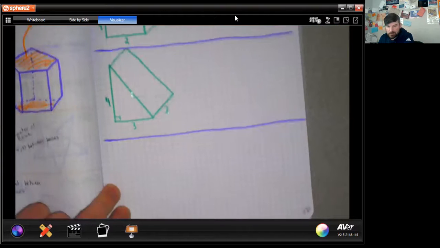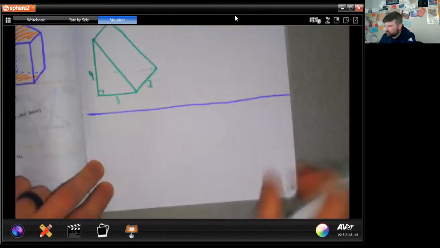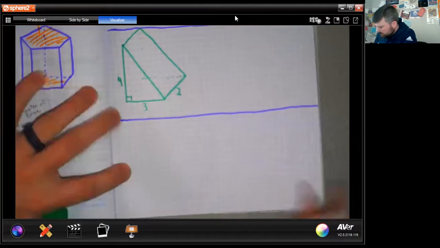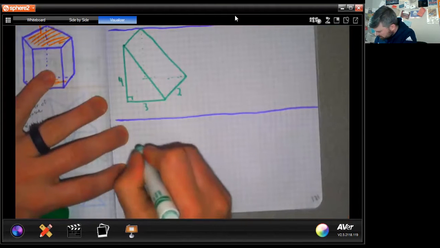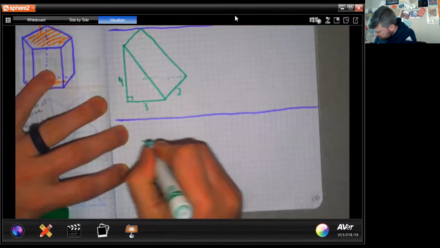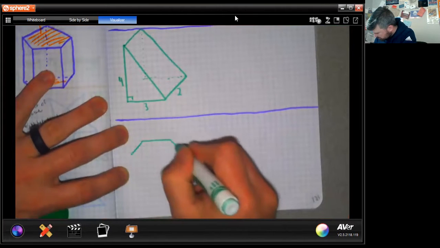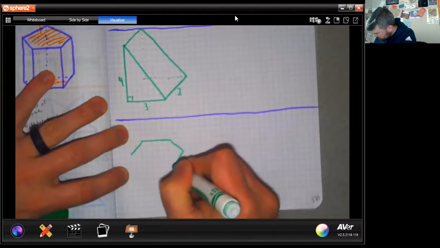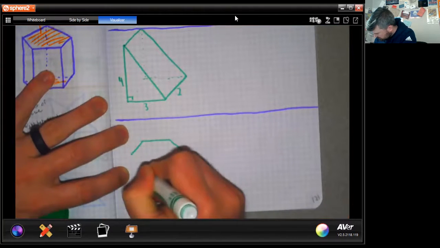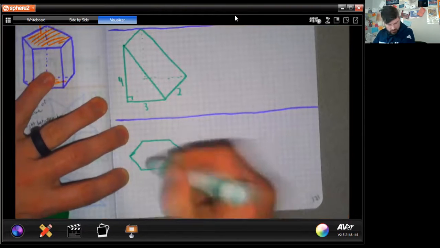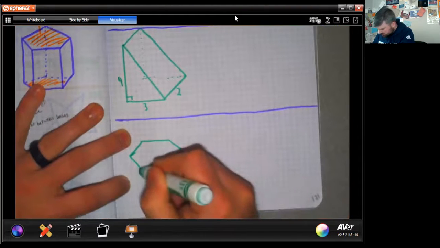And the last one is a hexagonal prism. So we're going to draw a hexagon here, like that, and then we'll draw sides straight down.